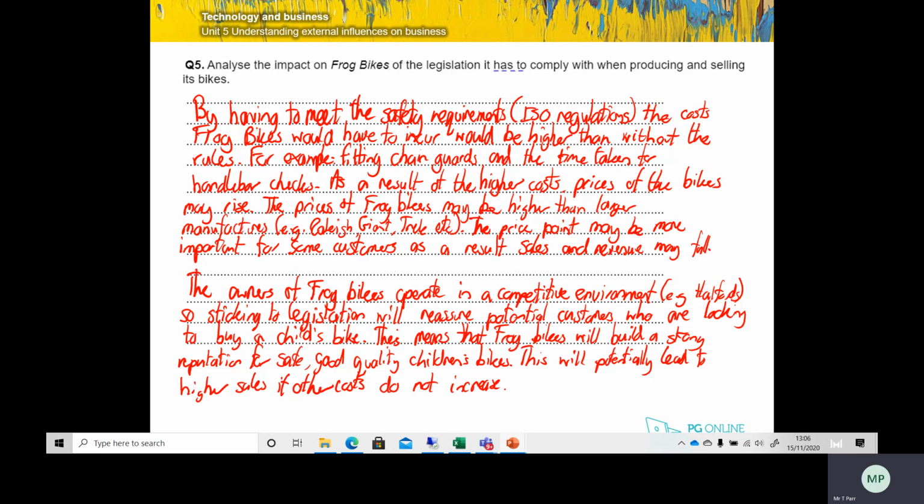It's going to increase customer satisfaction because parents are going to be reassured that the product is safe, the bike isn't going to break, and it's going to meet certain international standards. This could lead to increased brand awareness and also gain a good reputation for quality and for safety.